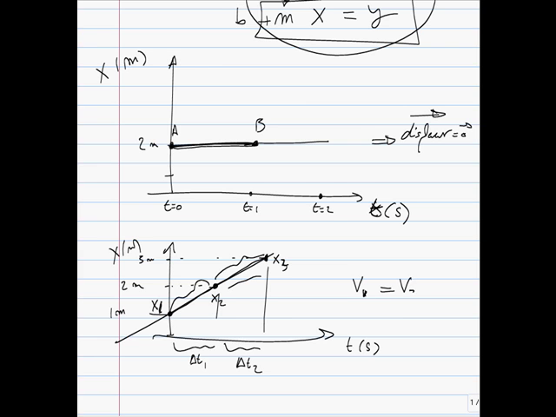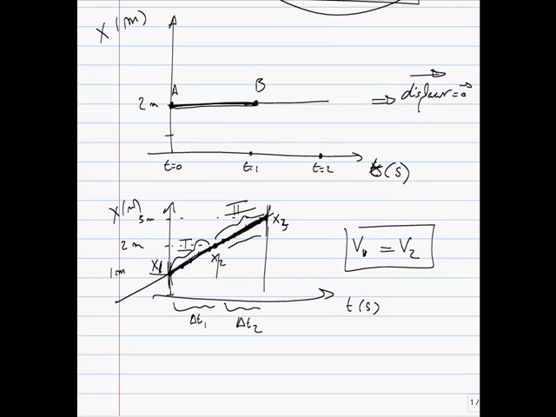Therefore, the speed during this part of my travel is exactly the same. So the slope is the same at each point between this point and this point. Therefore, I know that my speed is constant over this whole interval.